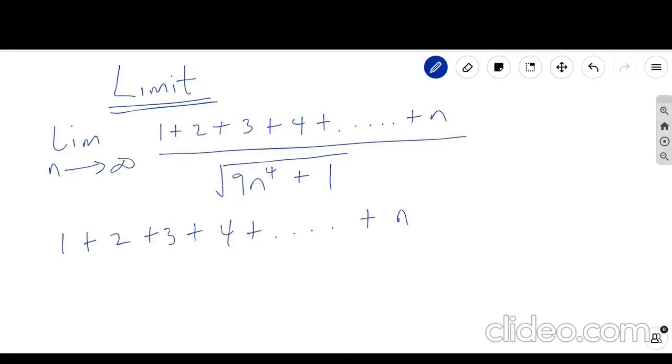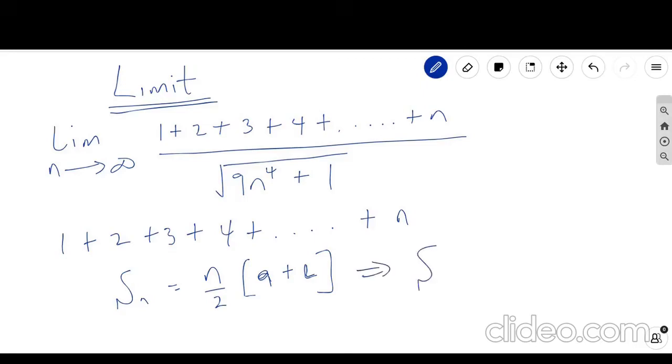Its sum is always given by n over 2 into a plus l. I believe we know what n stands for: n stands for the number of terms, l stands for the last term, and a means the first term.